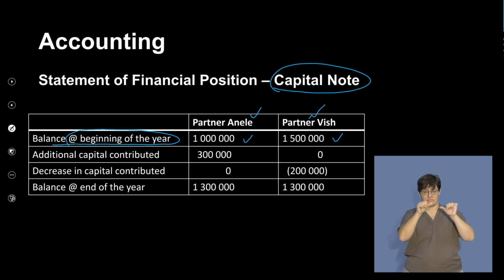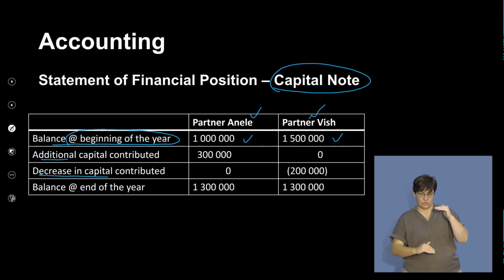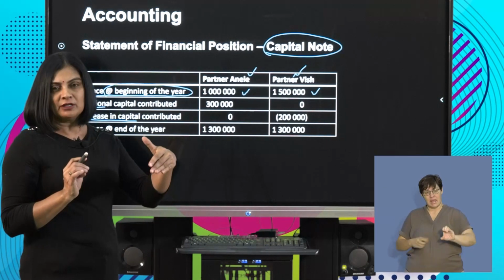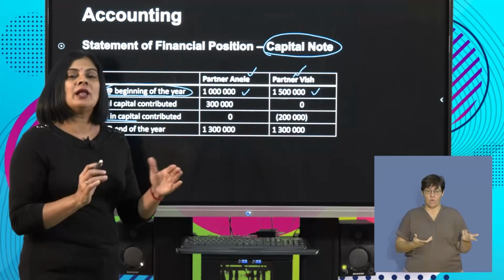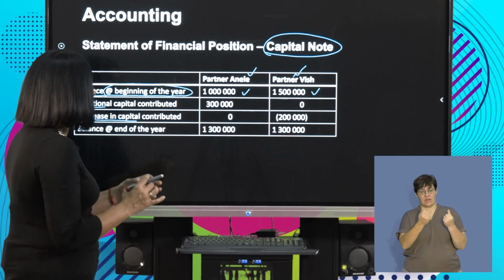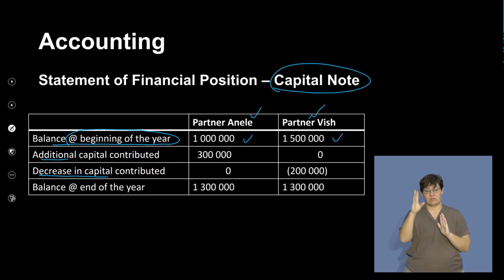Then looking further, what was the additional capital each partner contributed, or was there a decrease in capital contributed? Now remember, it could be both. Partners could increase their capital, additional capital, as well as decrease their capital during the financial year. So this is now reflected in the note.